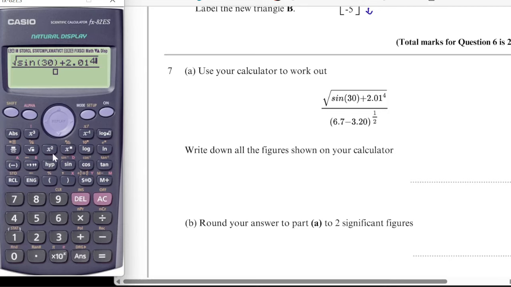And I'm dividing that by, open bracket, 6.7 minus 3.2. I don't really need the 0, and I want that to the power of half. And I'm spotting already, I've typed that in wrong. Let's just correct that.